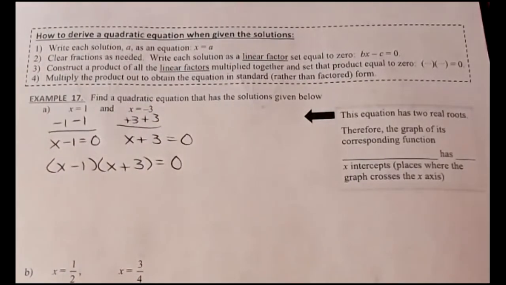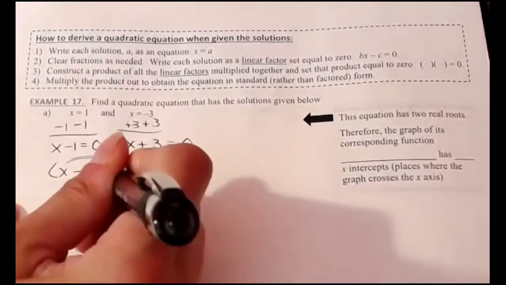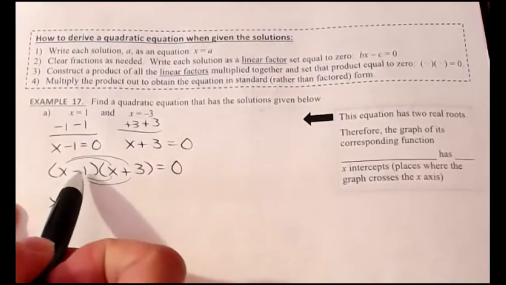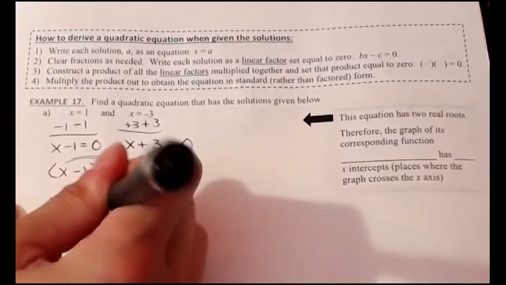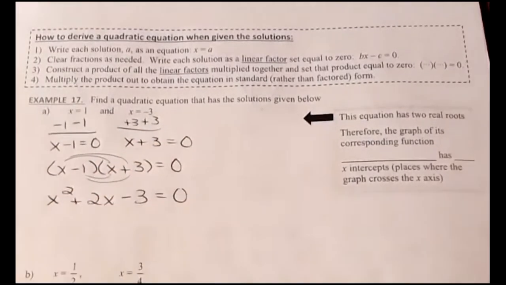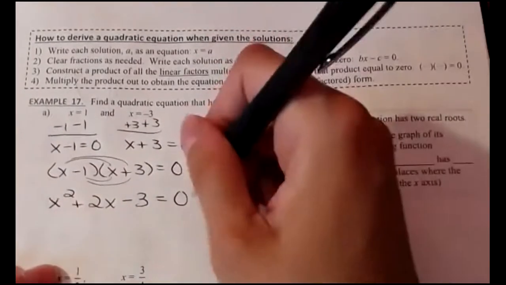X minus 1, x plus 3. Let's go ahead and distribute. So x squared plus 3x minus 1x is plus 2x, and -1 times 3 is minus 3. So our original polynomial in this case is x squared plus 2x minus 3 is equal to 0.